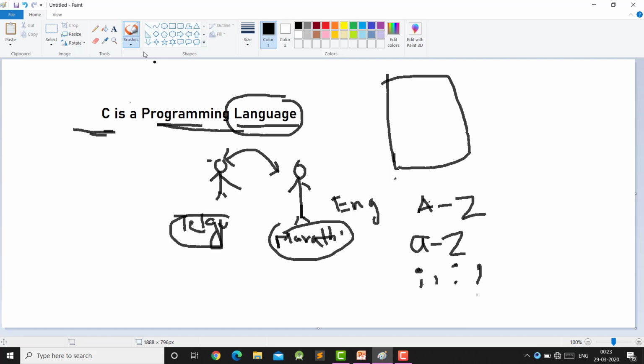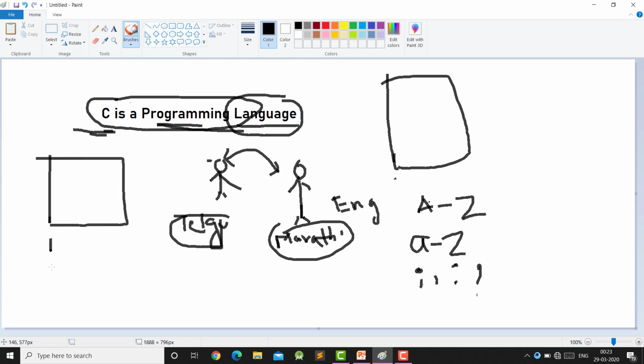The translator will convert Telugu into Marathi for this one, and Marathi into Telugu for that person. So basically, I am trying to explain that C is a language that is not directly understood by the computer. The computer's CPU only recognizes machine level language, and C is a high level language.